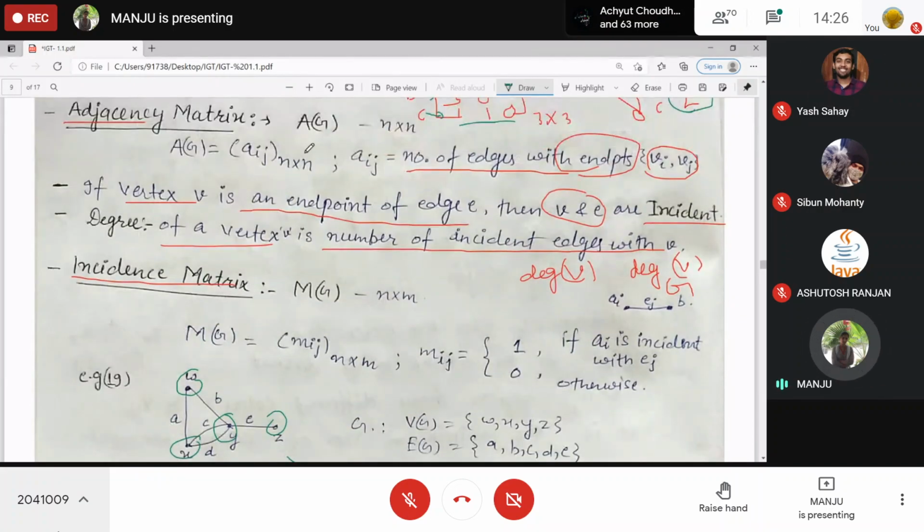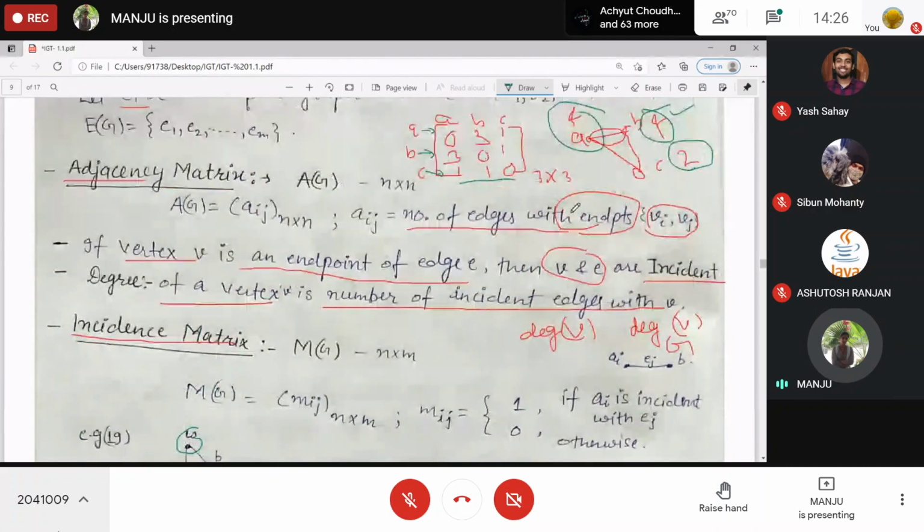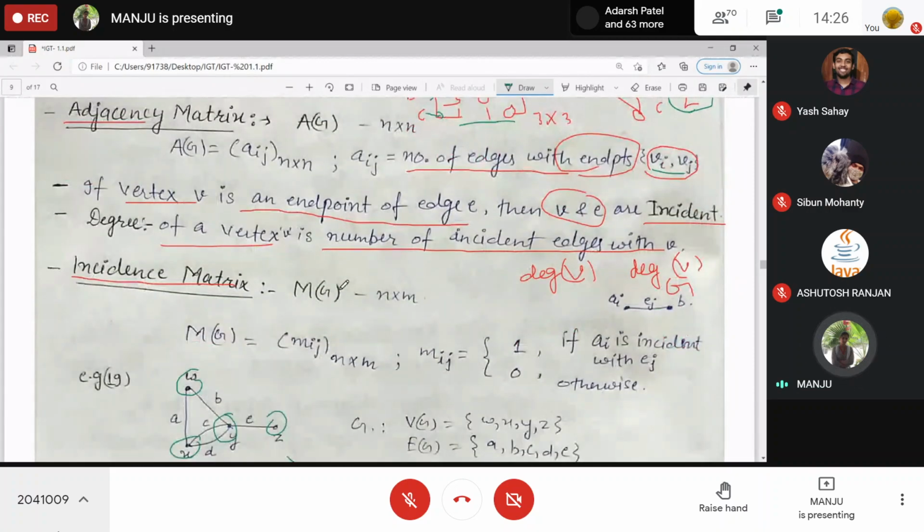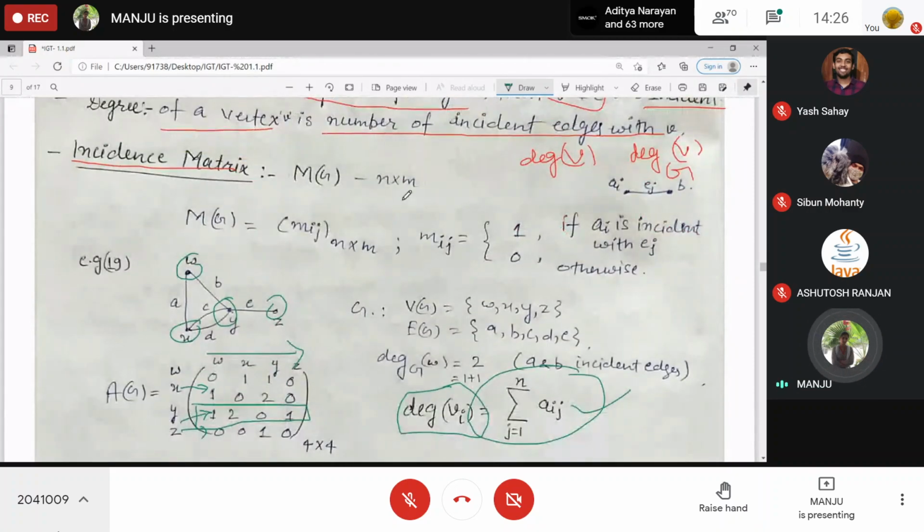See, in the adjacency matrix we were counting the number of edges between the ith vertex and the jth vertex. The incidence matrix corresponds to an edge and a vertex. So the order of this matrix will be n by m, where m is the size and n is the order of the graph. Clear?